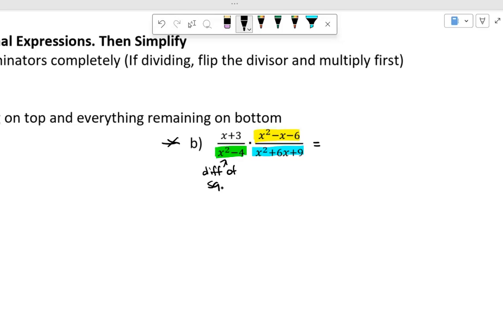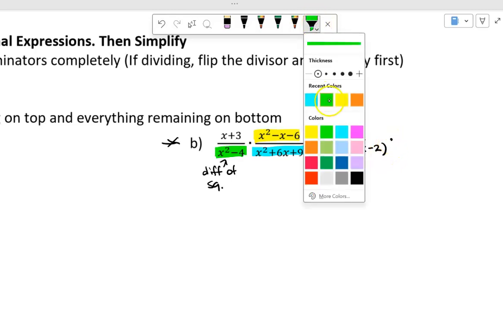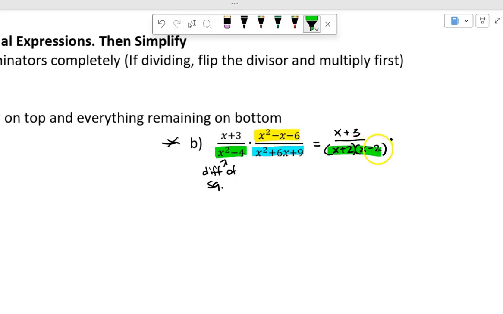I'm going to go ahead and give you factored form of all three of those pieces, and I'm going to leave x plus 3 alone because it can't be factored. X squared minus 4 is a difference of squares, so I could put x plus 2, x minus 2. So there is my first fraction.